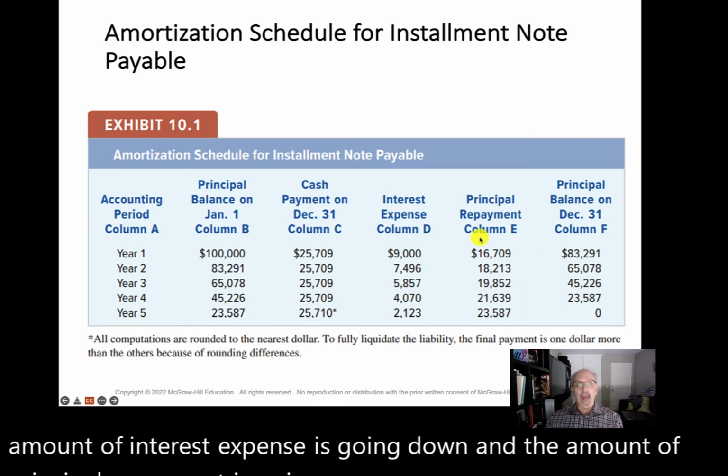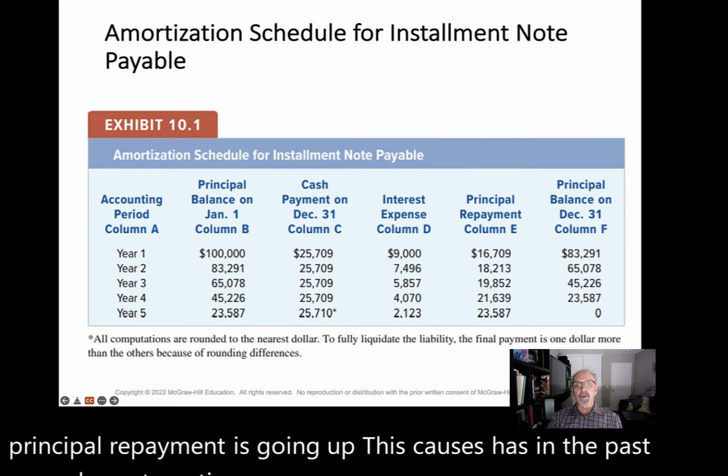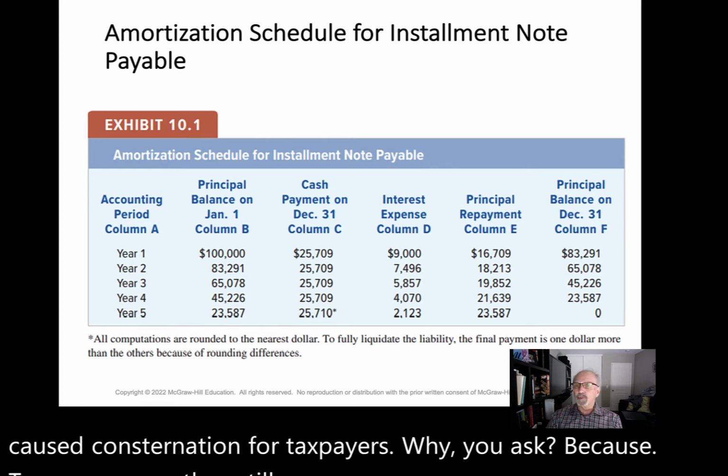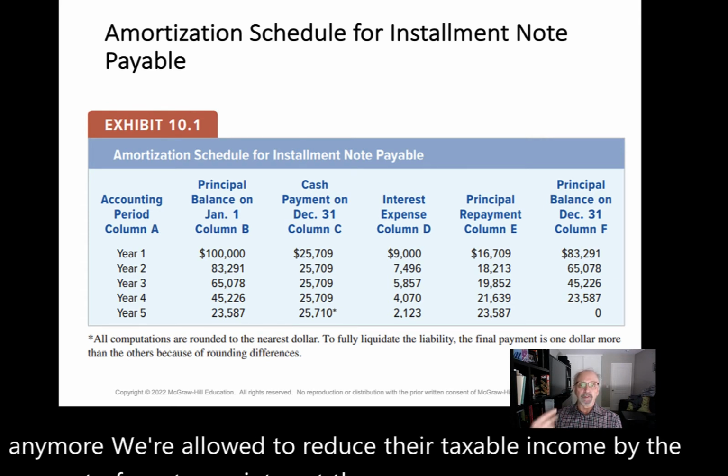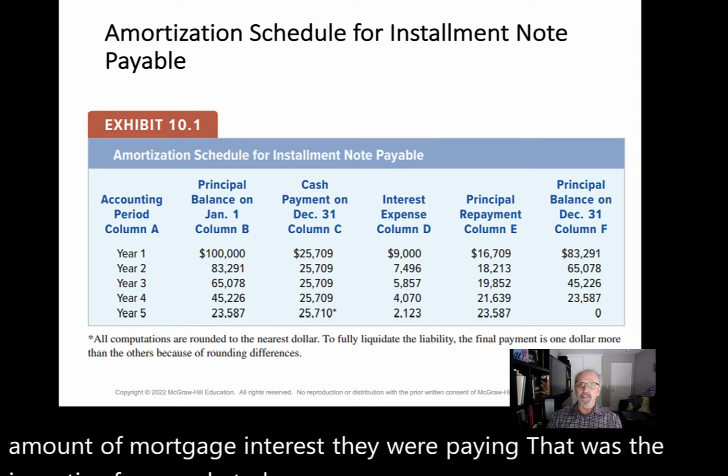This has in the past caused consternation for taxpayers. Why, you ask? Because taxpayers, and they still are, but most people aren't using it anymore, were allowed to reduce their taxable income by the amount of mortgage interest they were paying. That was the incentive for people to buy homes, or one of the incentives.